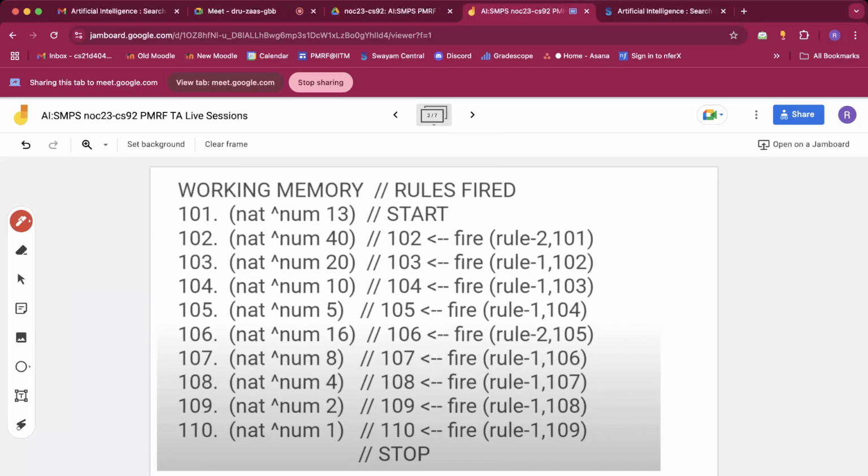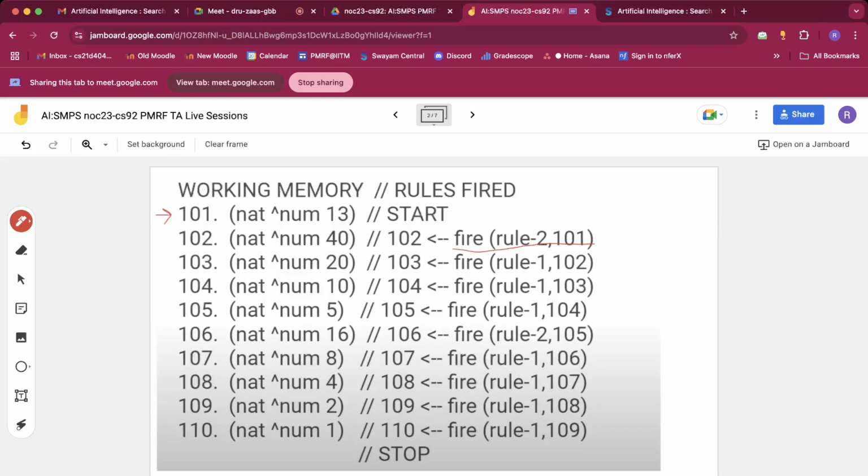If we have to be more formal, then this is how we will denote the whole production system procedure, right? We will start with the working memory element that we had. Then we will add a new fact that will be a result of firing rule 2 with the timestamp 101, which is the input to rule 2, the working memory element denoted by the timestamp 101.